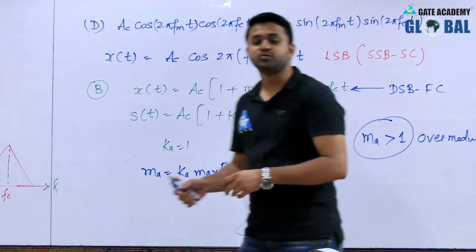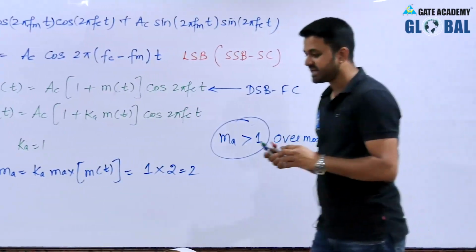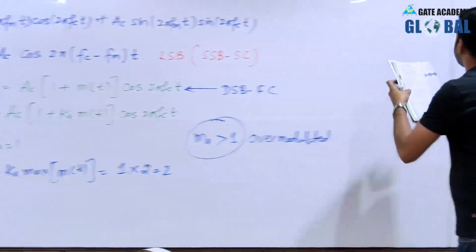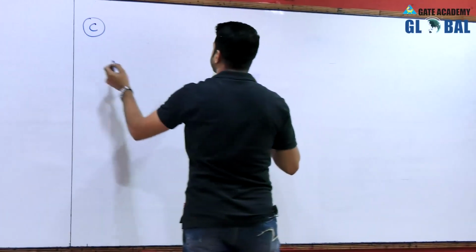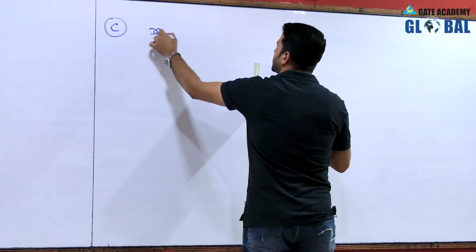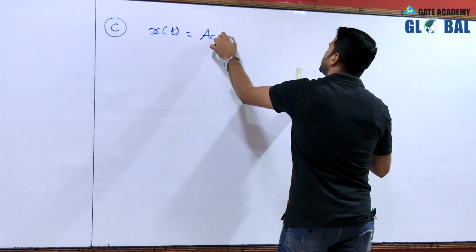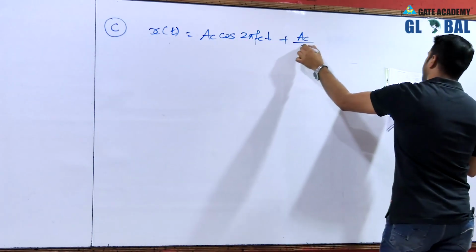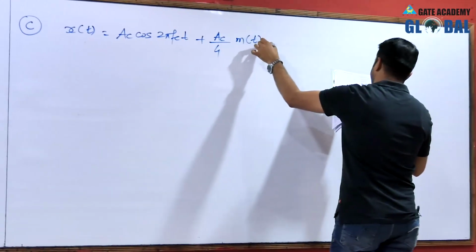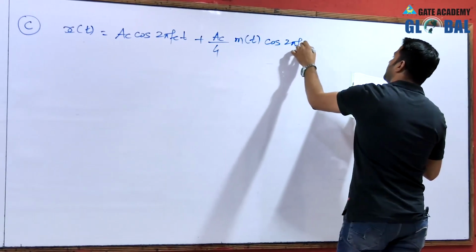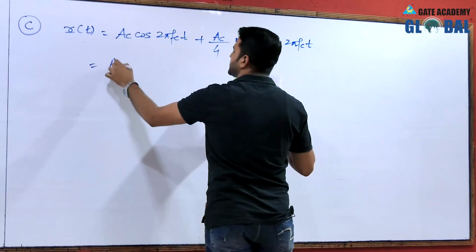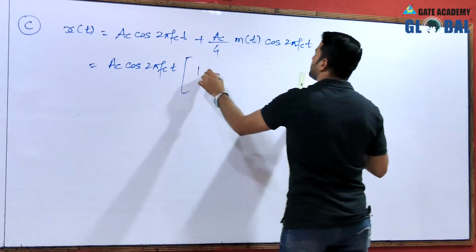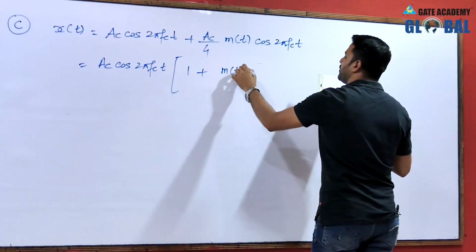And if we want to calculate the modulation index in option C, we can find it easily, because now we know that the modulation index is less than 1. x of t is Ac cos 2 pi fct plus Ac by 4 mt cos 2 pi fct, and if I take Ac cos 2 pi fct common, we get 1 plus mt by 4.